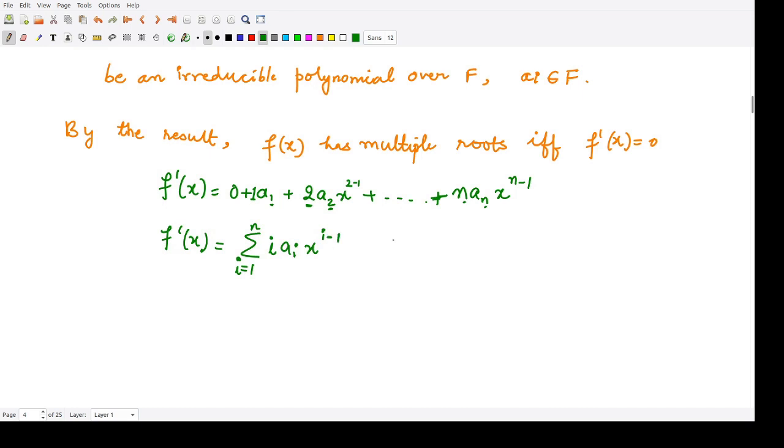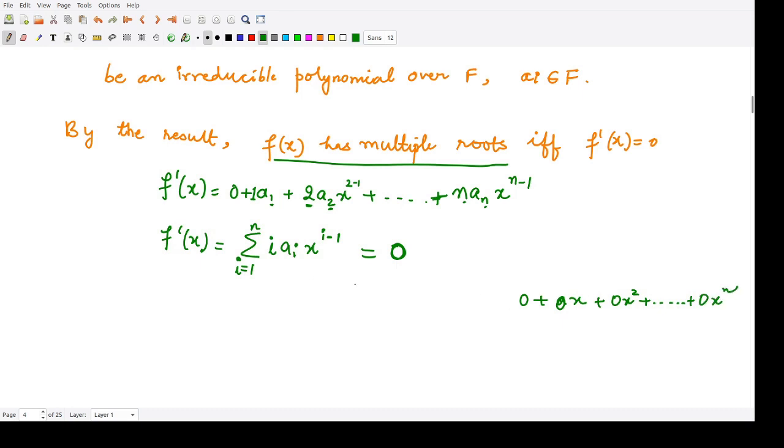So this is the derivative, and according to this result, if we have multiple roots, then the derivative is equal to 0. Now, when does a polynomial equal 0? This is also a polynomial, the 0 polynomial. So you can write this polynomial as 0 plus 0x plus 0x square plus so on, 0x raised to power n.